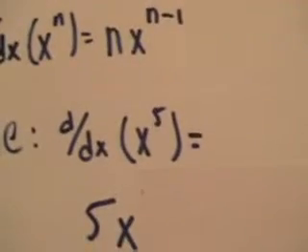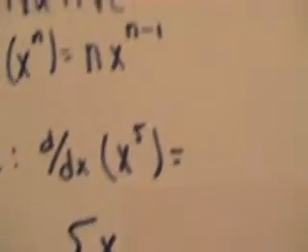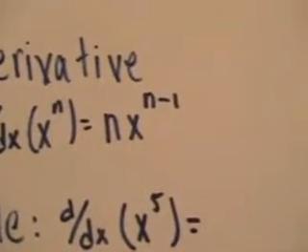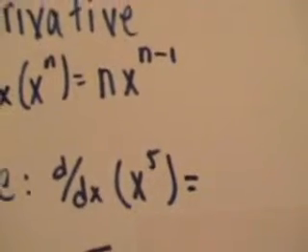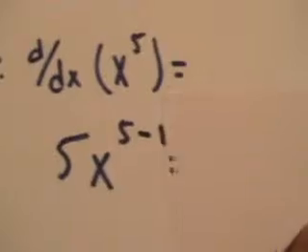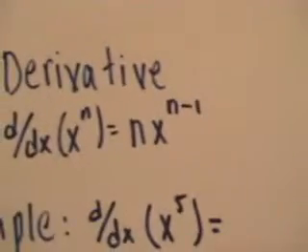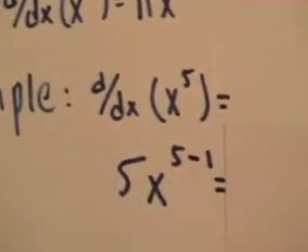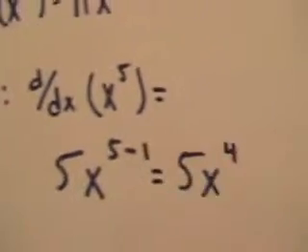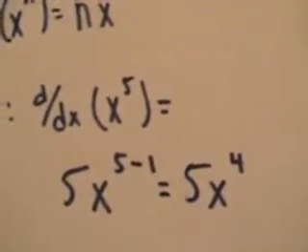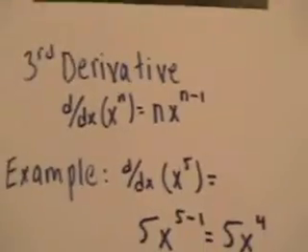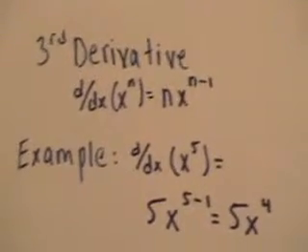So now we have 5x. And the power would be n minus 1, 5 being the n, so it's going to be 5 minus 1. After simplifying, this will be 5x to the fourth power. This is the third derivative.